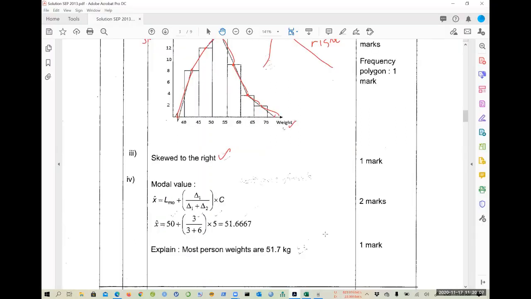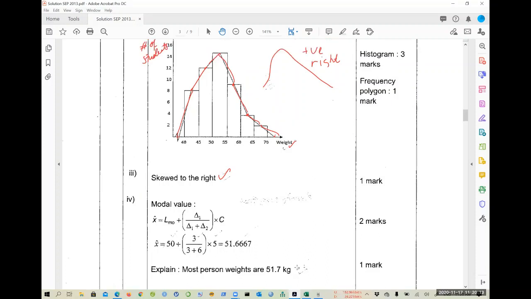So using the formula, you already know that it will be in the third class, that is in this one. Okay, so the lower boundary is 50, so you have 50 over here, and then the difference between the mod class with the class before that, so 15 minus 12 you get 3.